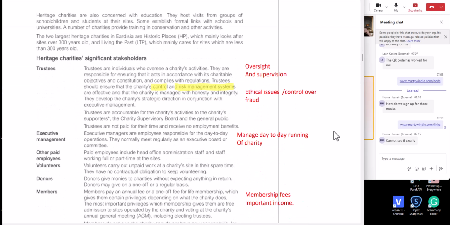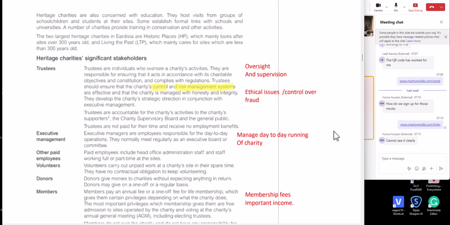In a charity-based organization, you don't have a traditional structure. You have a structure based on trustees, and trustees provide the oversight. So do you have non-executive directors in a charity? You can, but it's not unusual to see no non-executive directors.